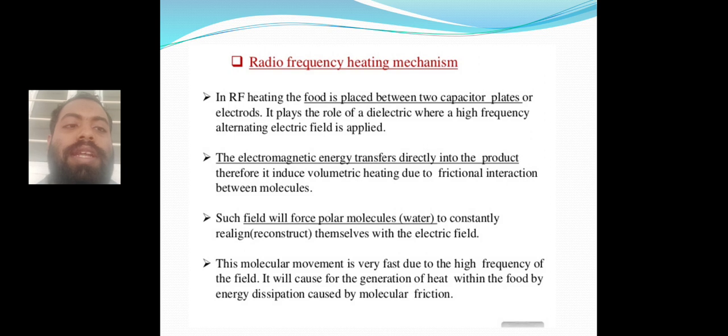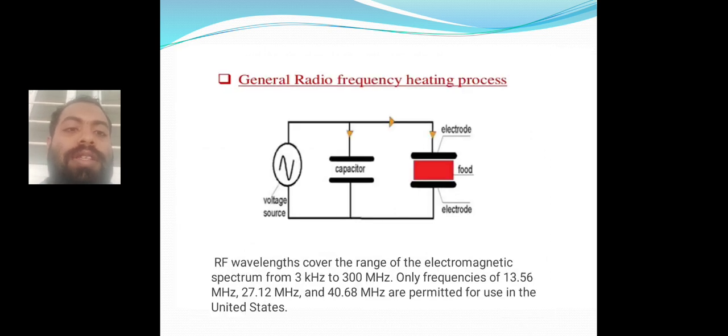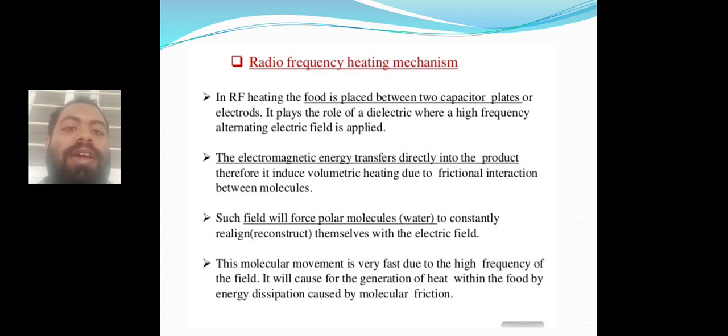Radio frequency heating mechanism. Here you can see the diagram of radio frequency heating, where food is kept between two electrodes, voltage is supplied, and a capacitor is used for storing electric charges. In radio frequency heating, the food is placed between two capacitor plates or electrodes. It plays the role of a dielectric where a high frequency alternating electric field is applied.